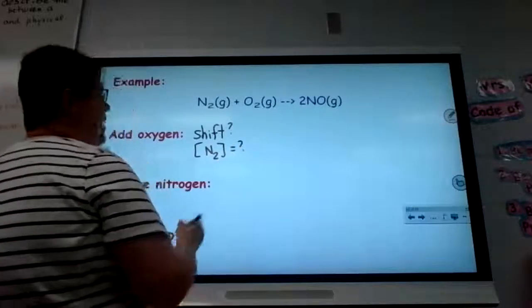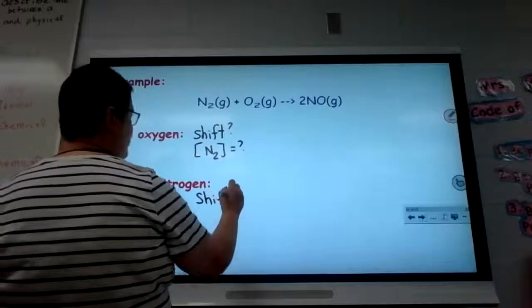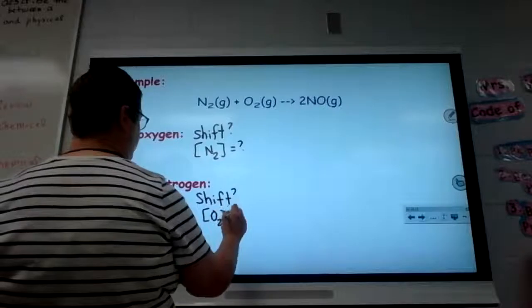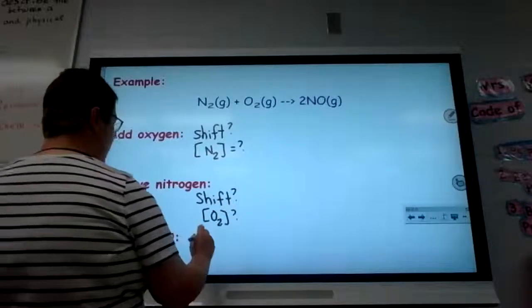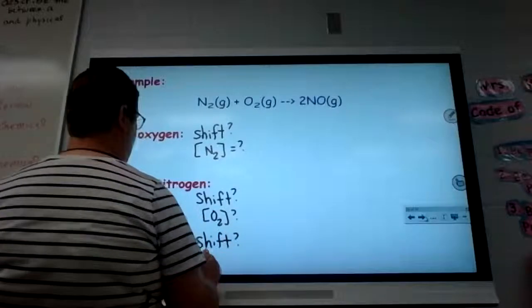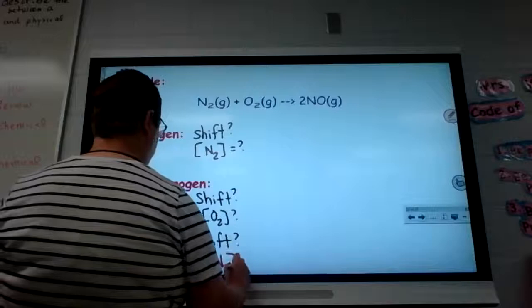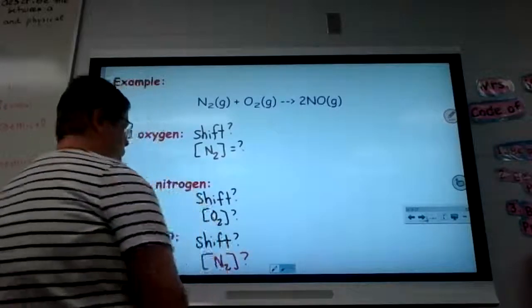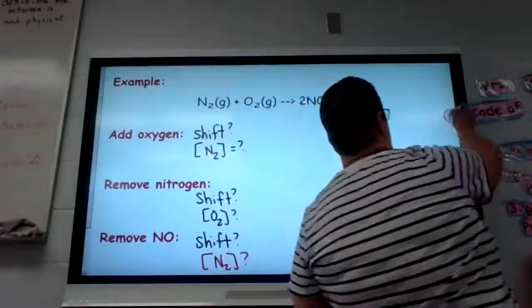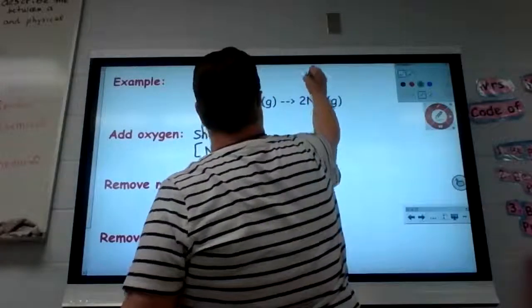If I remove nitrogen, I want to know the direction of shift, and I want to know what happens to oxygen. If I remove NO, I want to know the direction of shift, and let's say what happens to N2 again. And I'll label that as L and R.